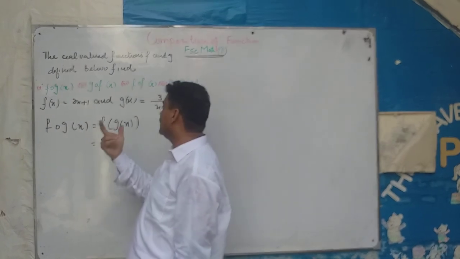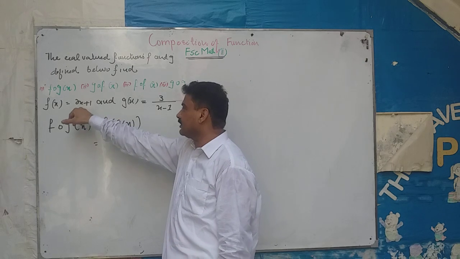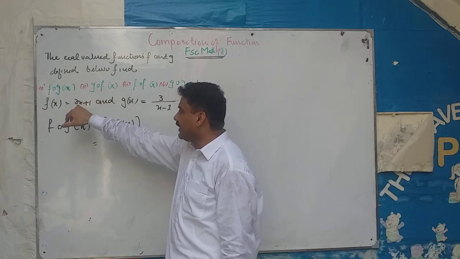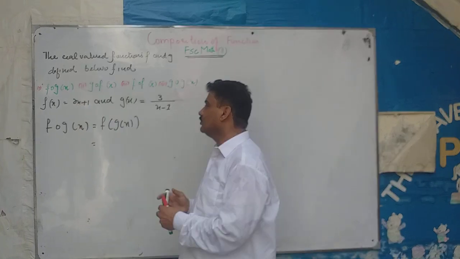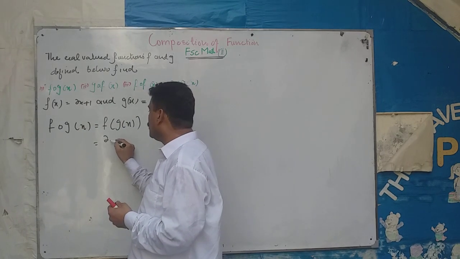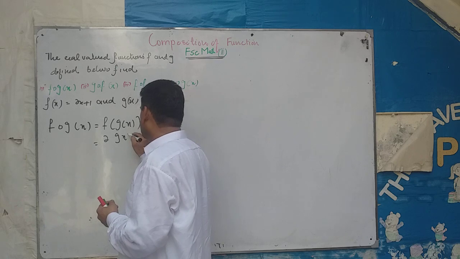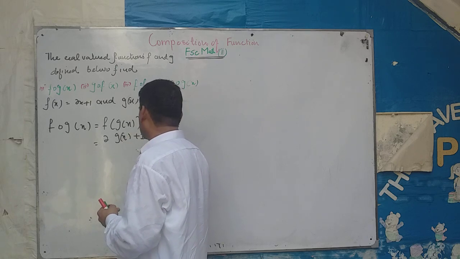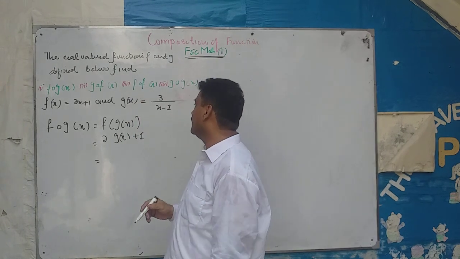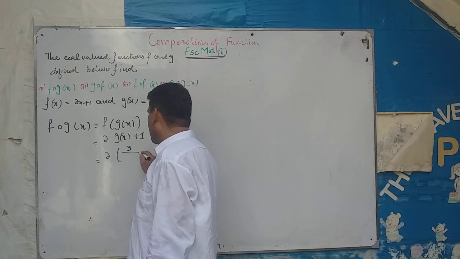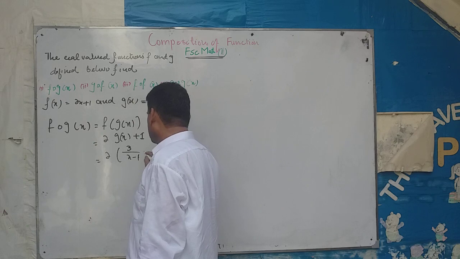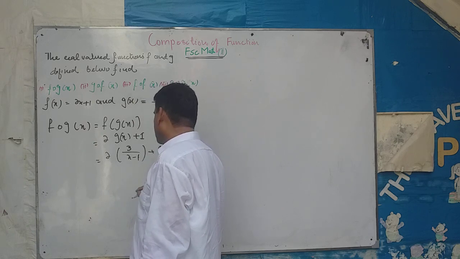Where is function f? Function f is this 2x plus 1. In f of x we just replace this x by g of x. So we write 2 times g of x plus 1. We now put the value of g of x, which is 3 by x minus 1. 2 multiplied by 3 by x minus 1, plus 1.